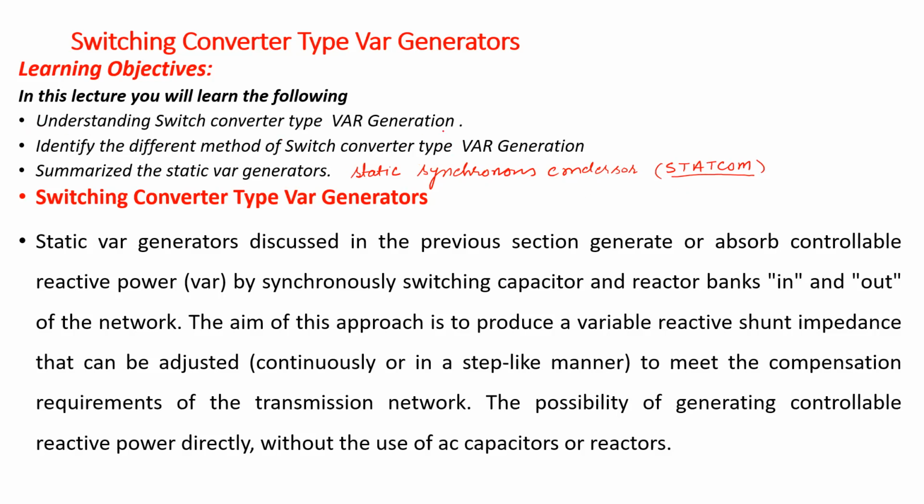So till date, we have seen different types of shunt compensation. That shunt compensation comprises inductors and capacitors.